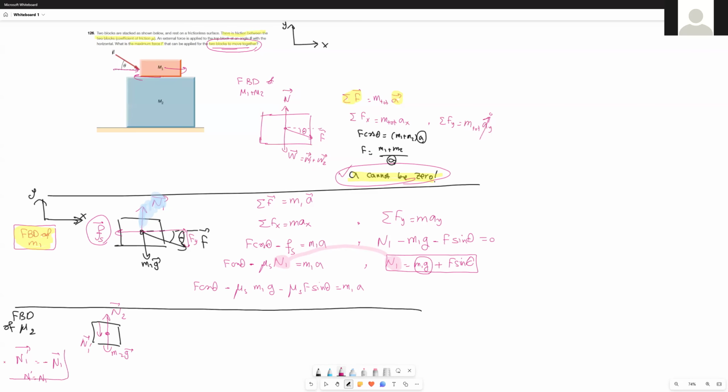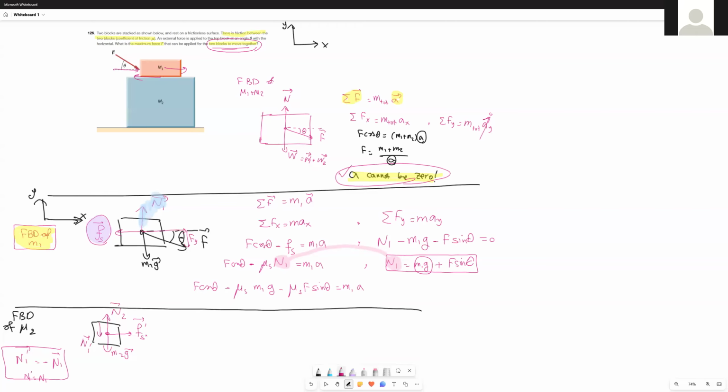Okay, that's for the y-axis. What do we have on the x-axis? On the x-axis, there is Fs. M2 applies two forces on M1. One is going to be the normal force, and the other one is going to be the static friction. N1 prime was the reaction of N1, and now I will write down Fs prime.